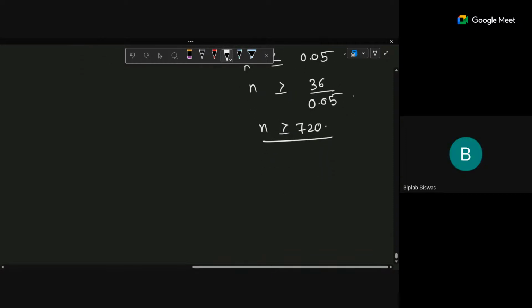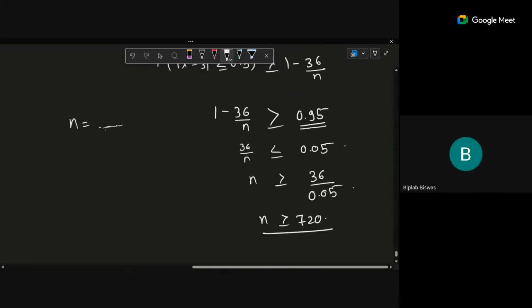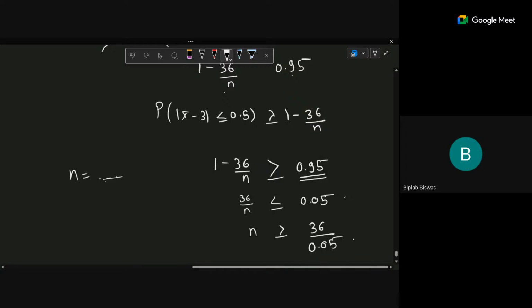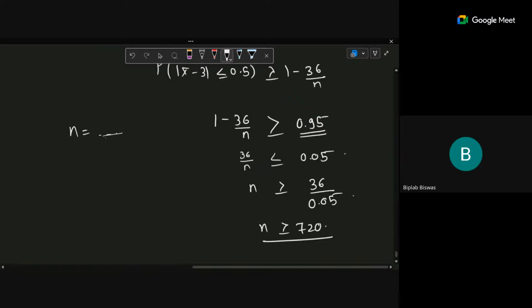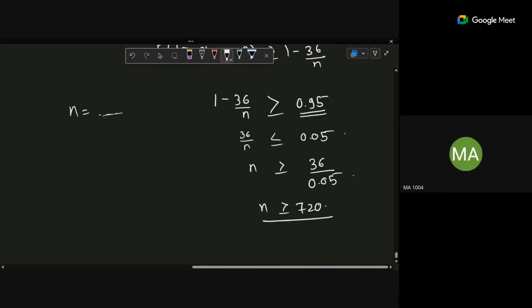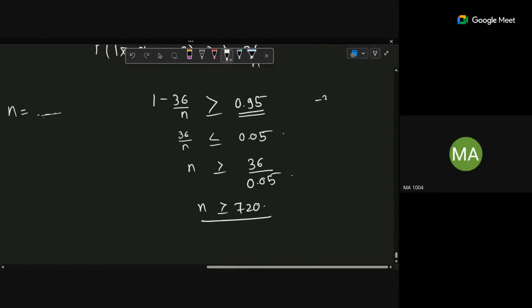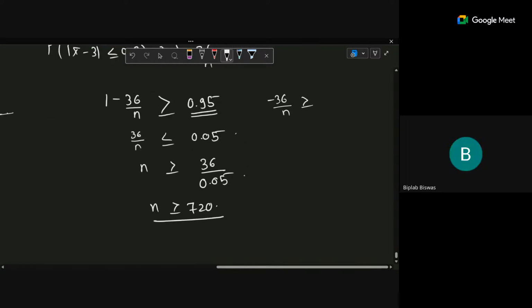Ma'am, there was a negative sign on both sides, no? So why are we changing the symbol, like greater than to less than?